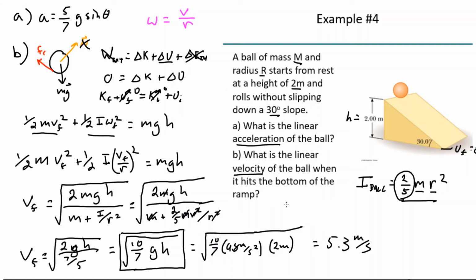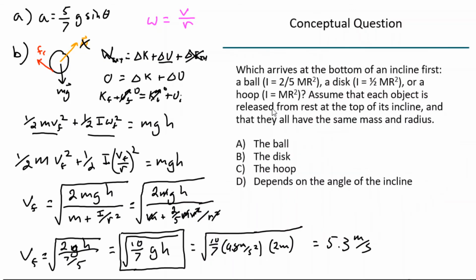So I've shown you how to solve this problem of a ball rolling down an incline with conservation of energy and with Newton's second law in order to find the acceleration. Here's a conceptual question. Which arrives at the bottom of an incline first? A ball, a disc, or a hoop?